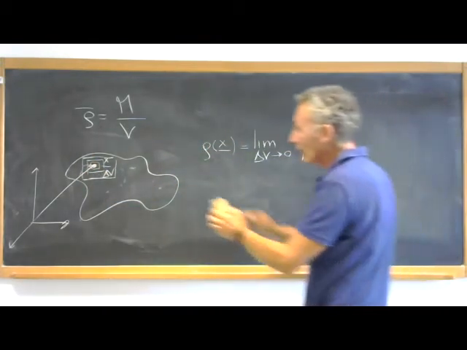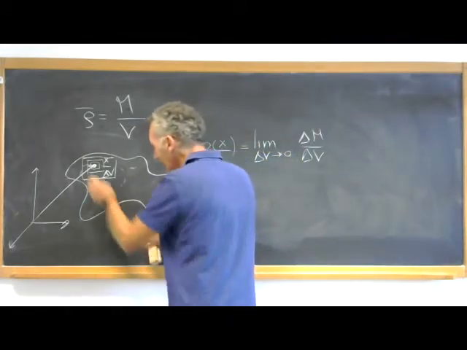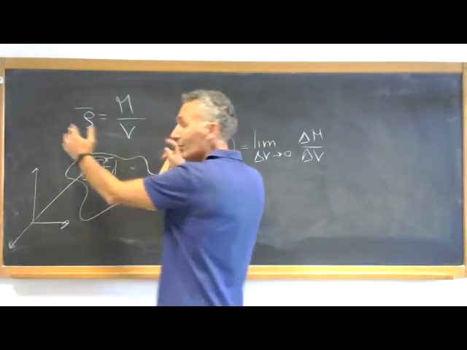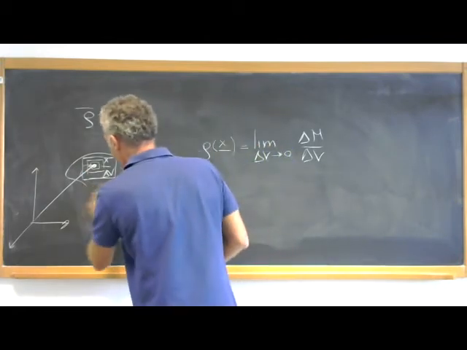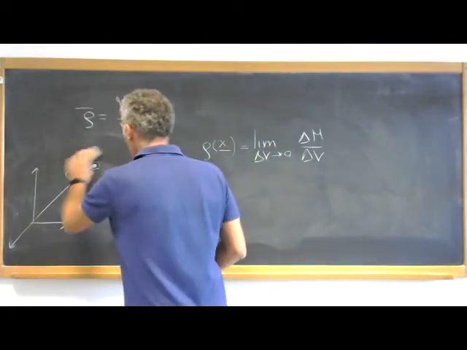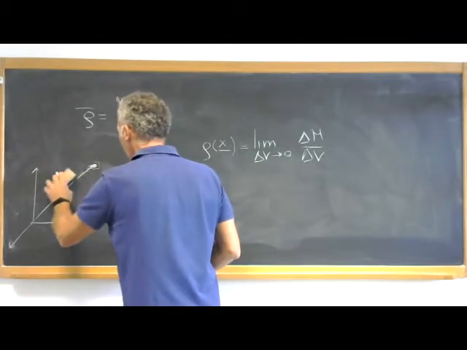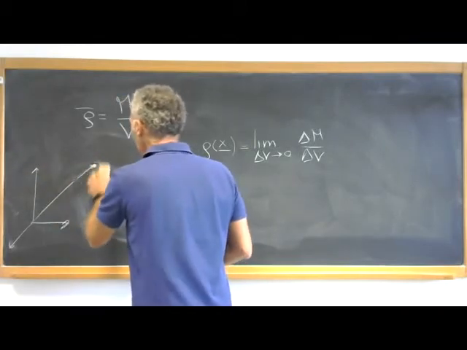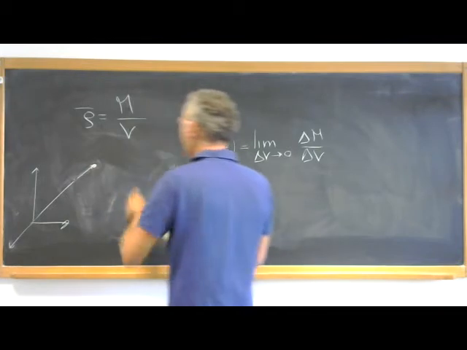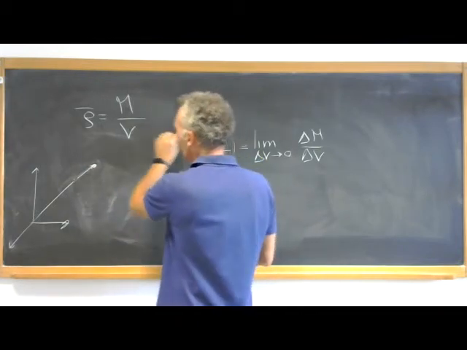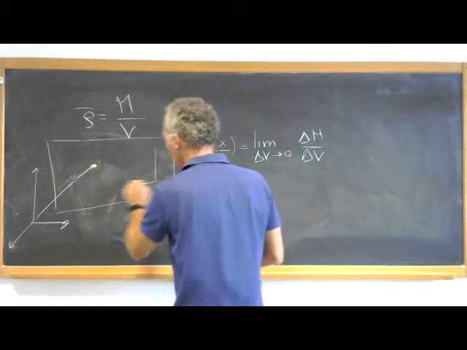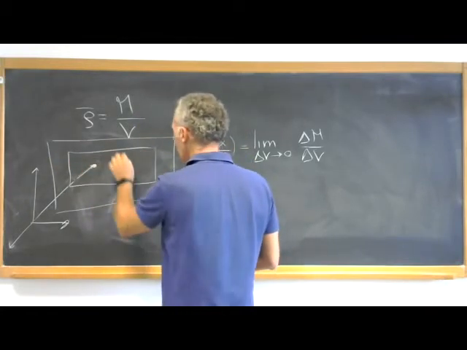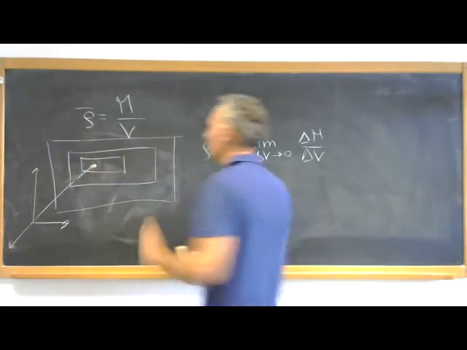Well, if I just take this region and I try to draw it larger, now let's pretend that I'm zooming this region. Well, what I get is that I'm focusing on a region like this first, then a region like this first, then a region like this first.